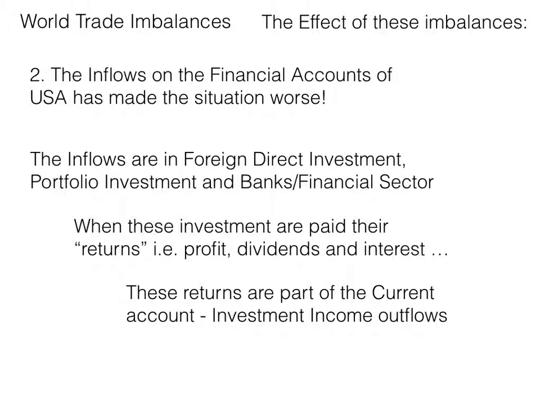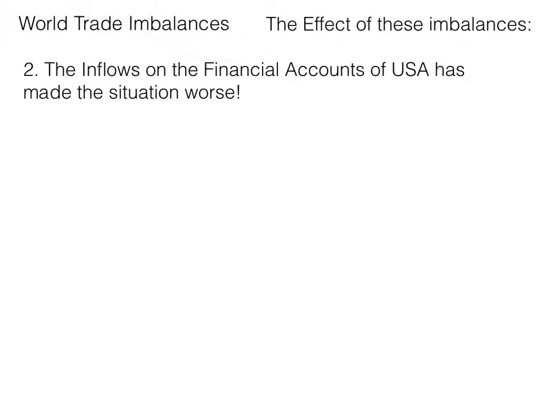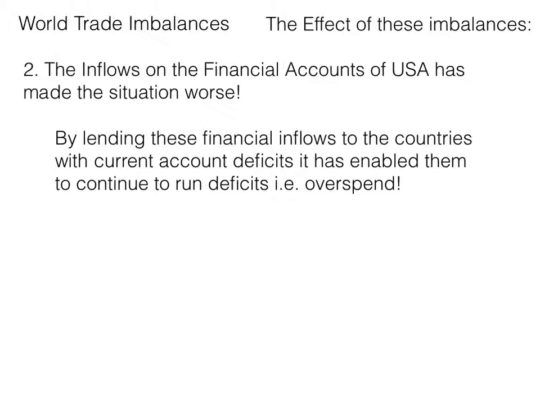So in the current account, in the investment income part, you get £1 billion paid out. Now, if you don't understand that, there's another video that I've made which explains this in more detail. But what happens is it's going to make the current account obviously worse. Another problem is that the argument goes that China and the surplus countries, by just lending these financial inflows to countries with the deficits, just enables them to keep overspending.